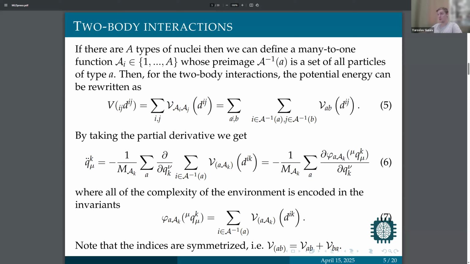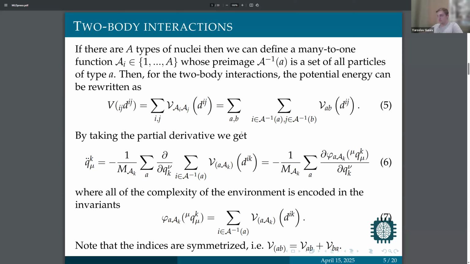And it's convenient to group certain terms in this sum, so that you have a double summation, but in the internal sum you have the sum of interactions over particles of type A with the particles of type B. And the outer, external sum is the sum over these different types. It's just a rewritten summation.